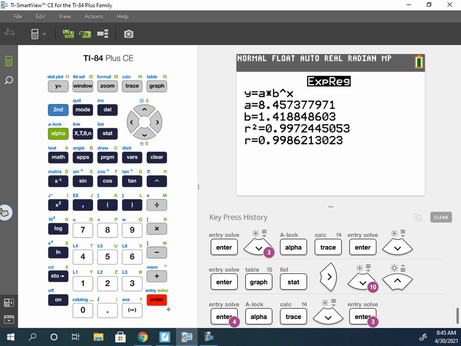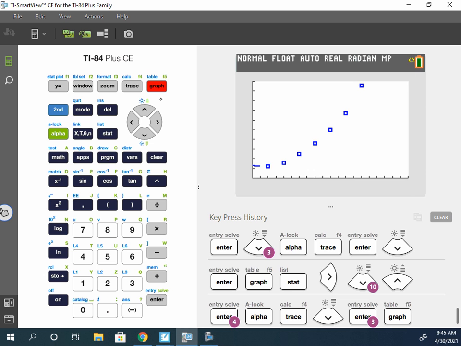This gives us an equation that better represents the data than the quadratic did. This is closer. Well, the blue line was our quadratic, and the red line is our exponential. And as we see here, the red line does follow those points just a little bit closer.